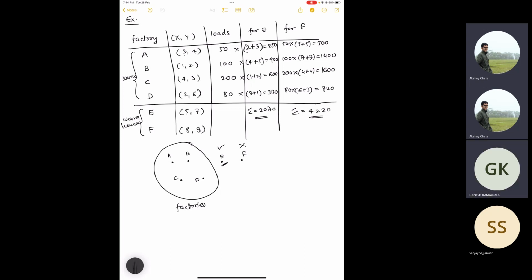But let's say you have only 100 units of storage capacity, so now you cannot take from all four, right? So what you can do, you cannot take from factory C because factory C is giving you 200. So you do not have that much capacity. You have three options now, A, B, and D, because A produces 50, B gives you 100, and D gives you 80, and your capacity is 100.